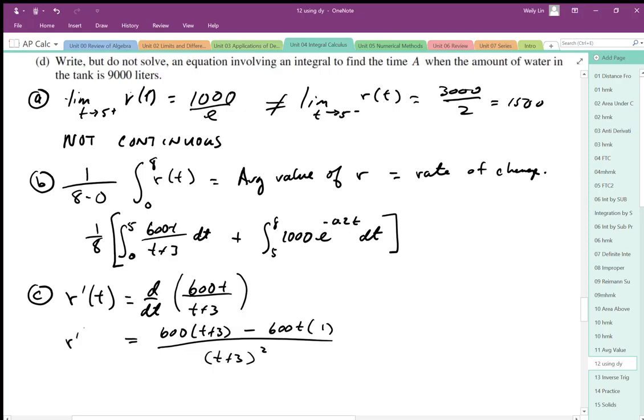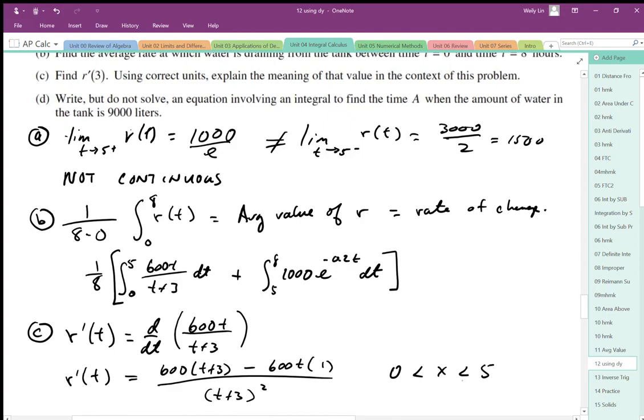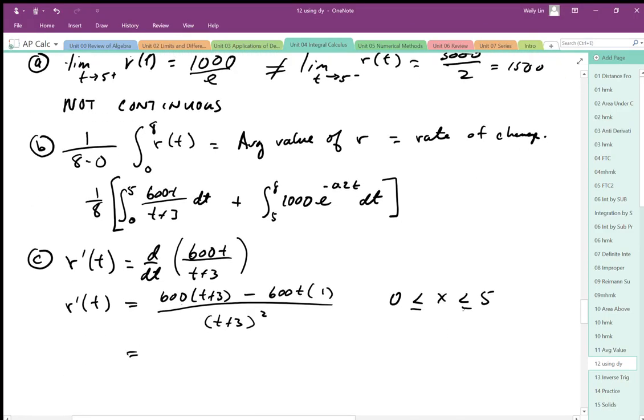That's our R prime of t for that interval, from 0 to 5. Then we simplify a little because terms cancel out: 600t minus 600t, so we end up with 1800 over t plus 3 squared.